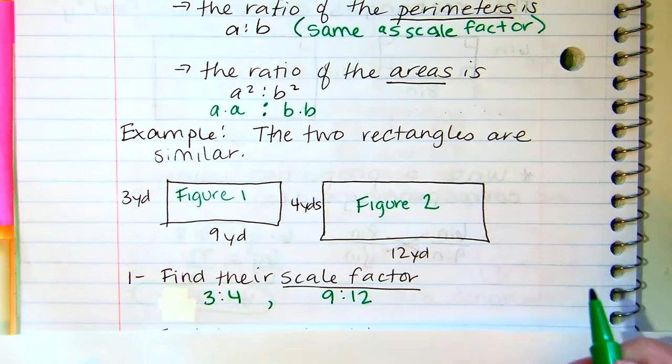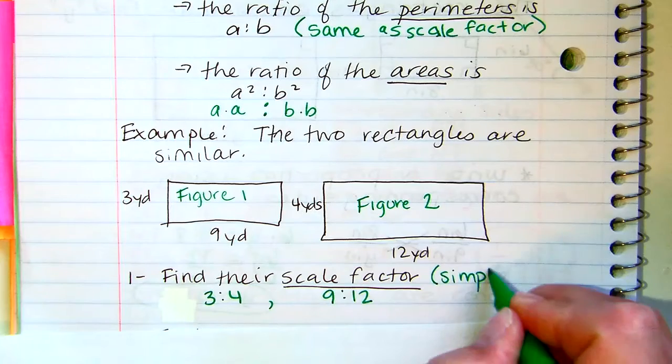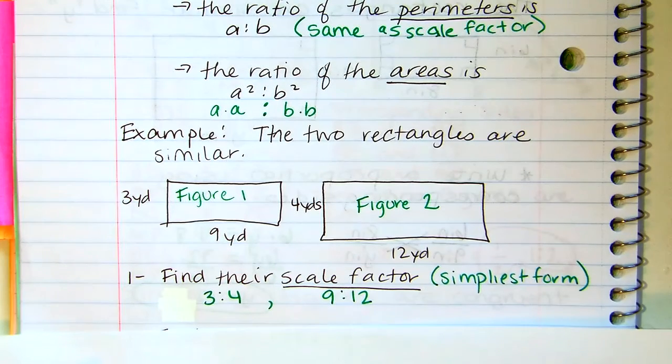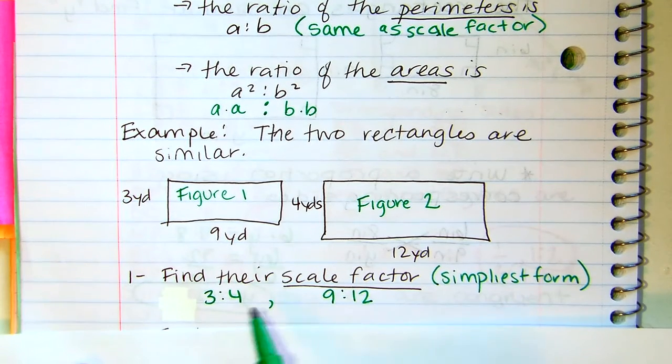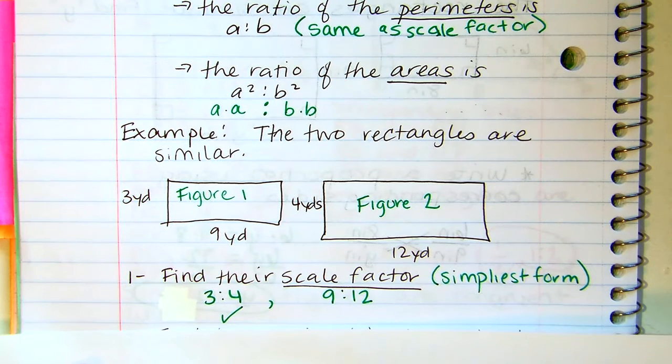Now, when we find our scale factor, it's always written in simplest form. So we're going to check each one of these. My 3 to 4 is already in simplest form, so I don't need to do anything to it.